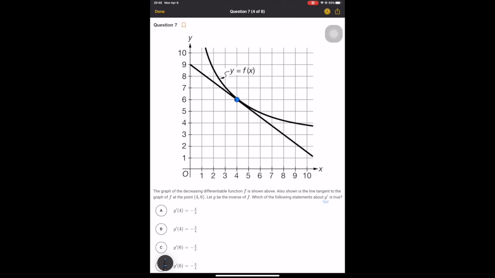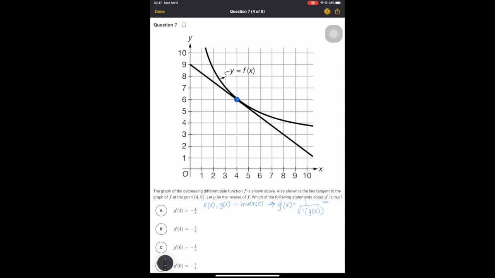So here we have to remember the property about inverse of functions. We know that if f and g are inverses, that means we have this theorem. We know that g prime of x is equal to 1 over f prime of g of x.